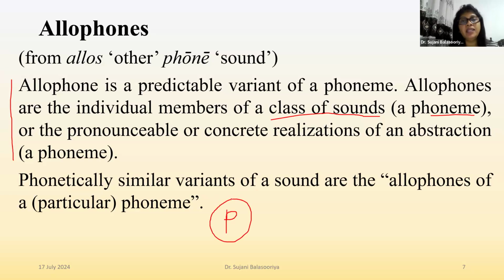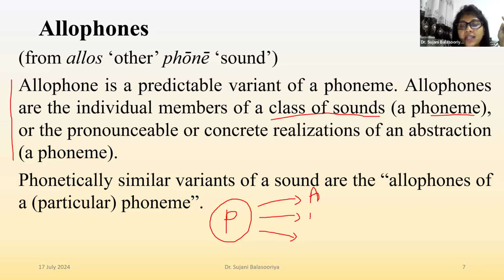In a family, there is not only one person, there are so many members. If you consider the term phoneme to refer to the concept of family, then there are members in that family. We'll say there are three members, and these three members are the ones which we identify here as allophones.